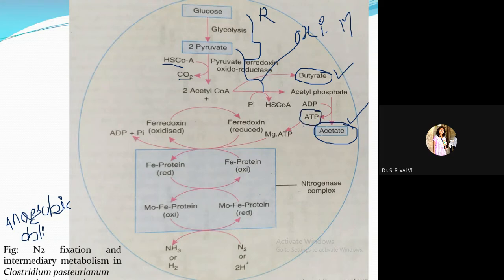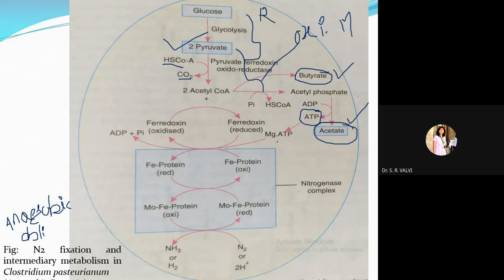I have just explained that ATP energy is required for the well working of our nitrogenase enzyme, right? So to get the ATP we have to have this oxidative metabolism of pyruvic acid. So who is indirectly providing ATP? Pyruvate. Pyruvate is going to provide ATP to this reaction.